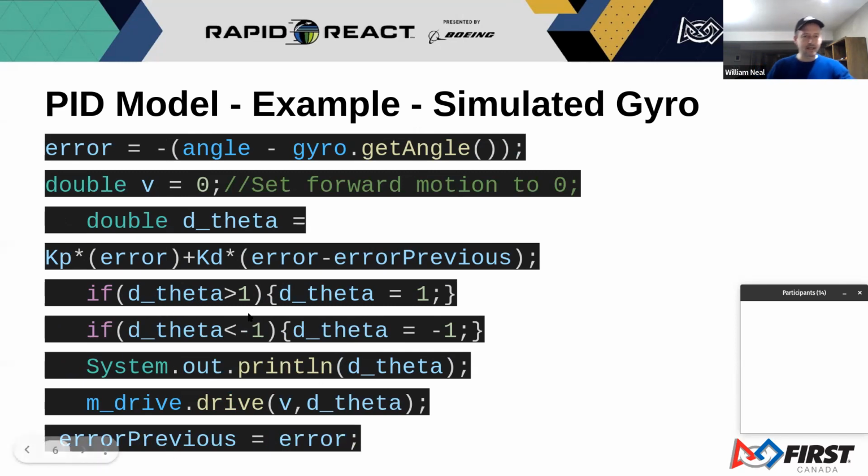And in the periodic, I calculated the error, and that's the difference between the angle and the gyro. I ended up putting a minus sign there. I should probably have just subtracted the gyro minus the angle. I also set the forward motion to 0. This can still work even when we're moving forward. Maybe we can try putting the V to a value that's not 0 and see what happens.